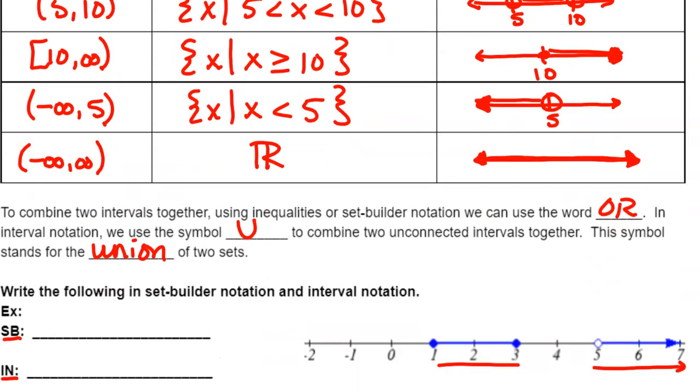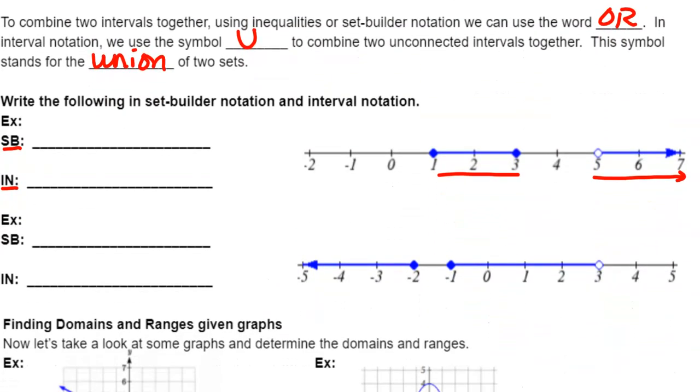And so the set builder notation for this one, we would want all x such that 1 is less than, now is there an equals? There is a solid dot. So we have 1 is less than or equal to x, and we're including 3, so I want to make sure I have an equals here, 3. So that right there just represents this solution set.